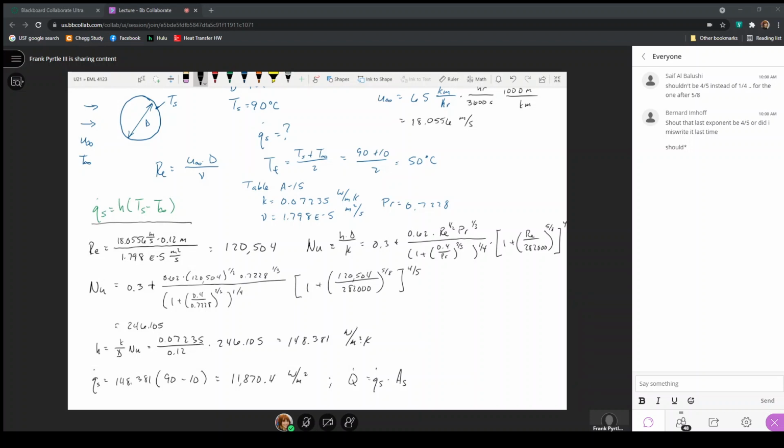Now, selecting a different correlation, here we have a Reynolds number of 120,504.